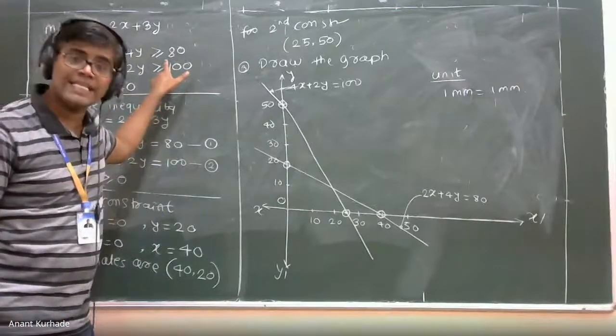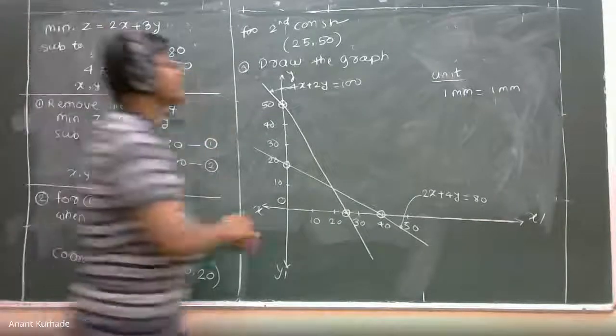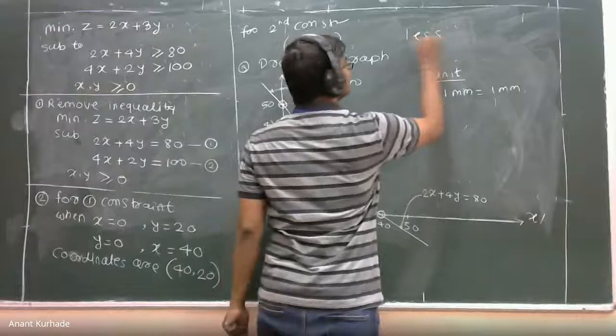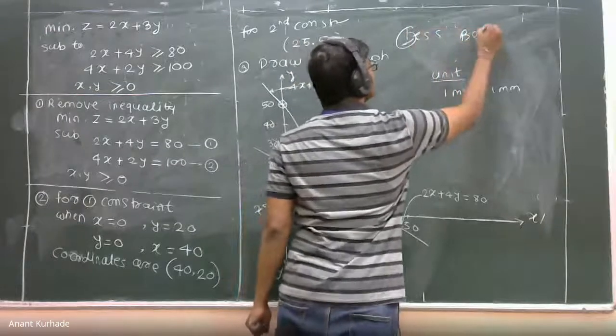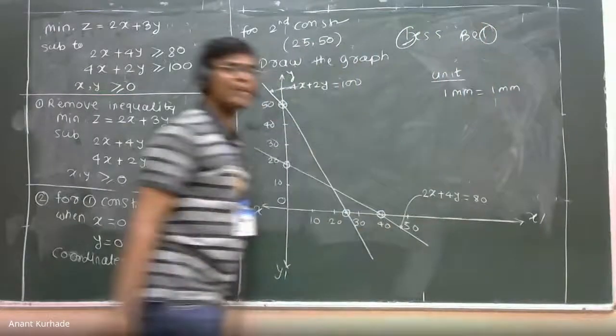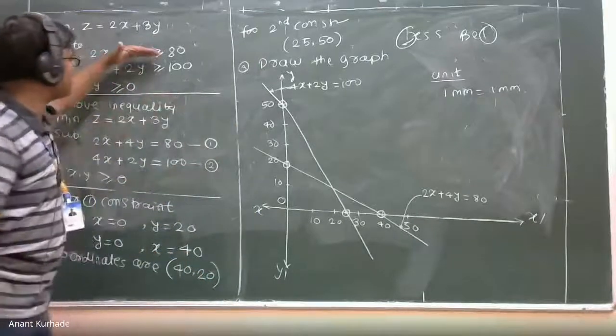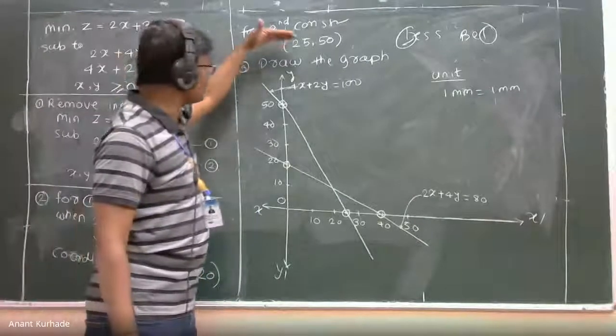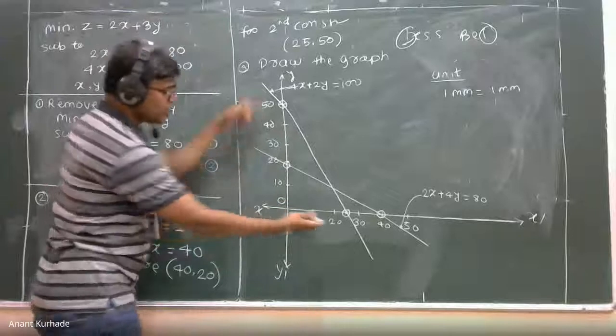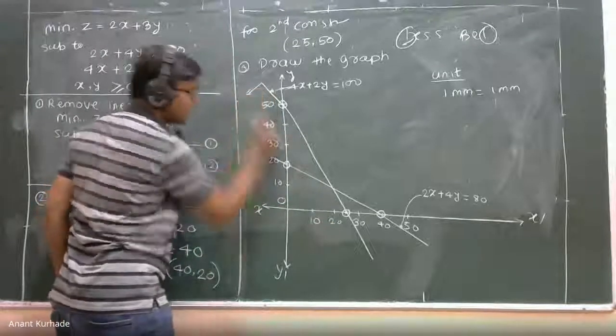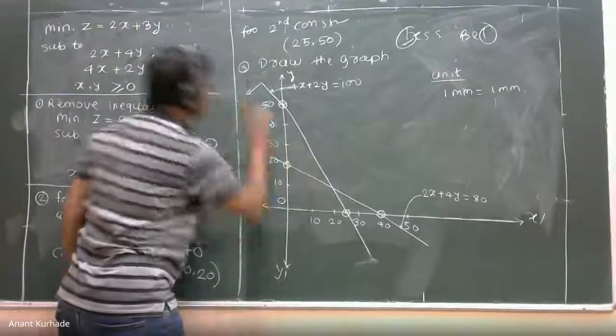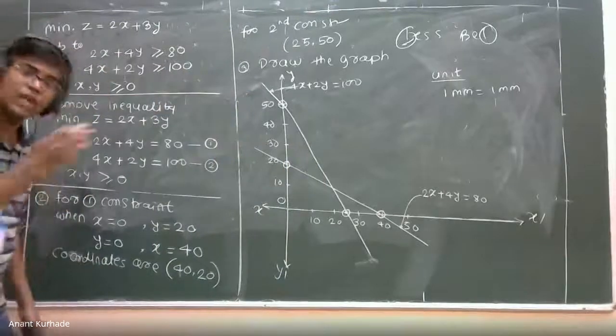If it is less than, you show below; you can remember L for less than and below. So the visible region is below the line. But here the constraints are greater than, which means you have to show above.